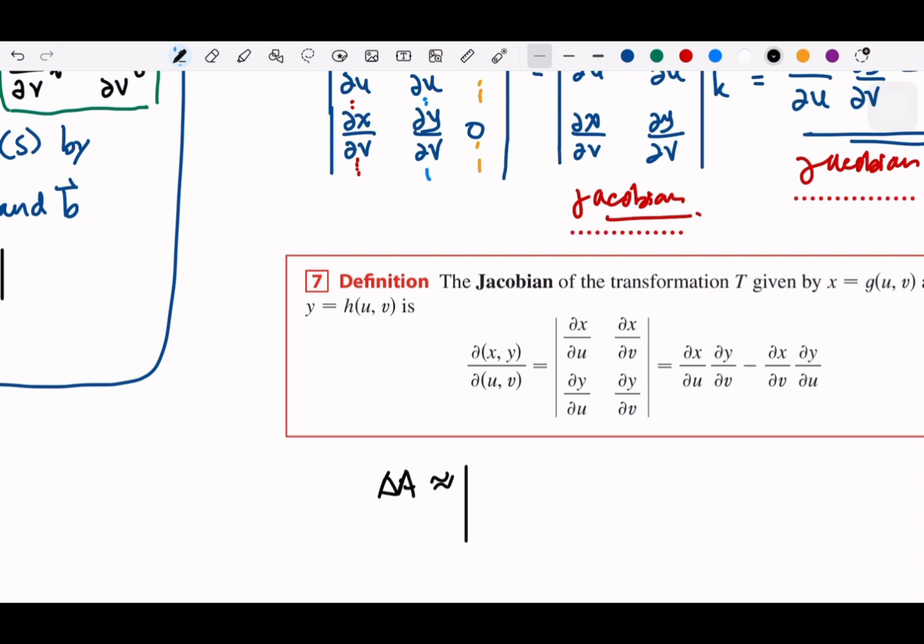Sometimes we write the Jacobian as this, and we need to multiply with delta U, delta V. So this is something that we need to add, okay? And then the rest will be changed. Because it's changed to delta U and delta V, we then have new variables to be computed in our double integrals. Okay?